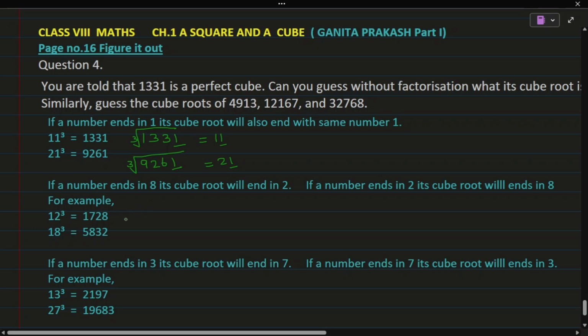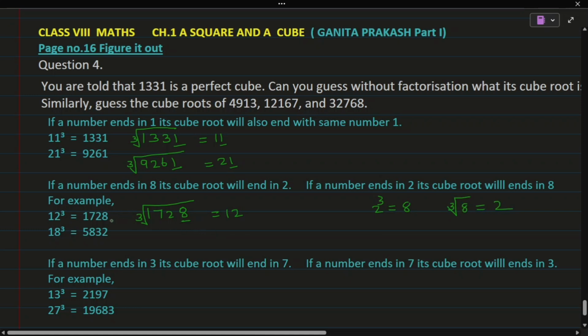Now the next one, if a number ends with 8, that is 1728. This number is ending in 8. Then its cube root is 12. If I take a small number, 2 cube is 8, so cube root of 8 is 2.